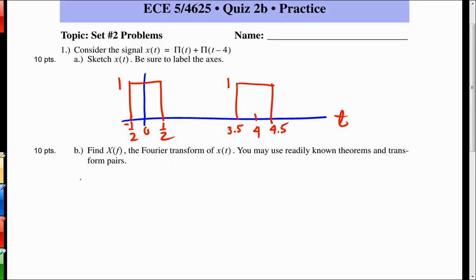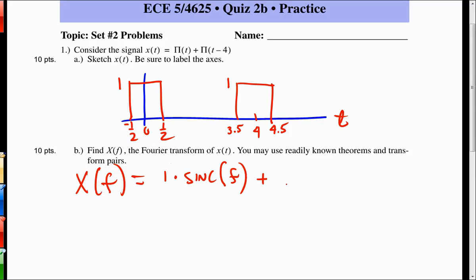So the first term is what? The pulse width is 1, so the pulse width comes out in front of the sinc function normally, but in this case it's 1, so it's 1 times sinc of 1 times f. Then there's a second term, which transforms from the delay theorem.